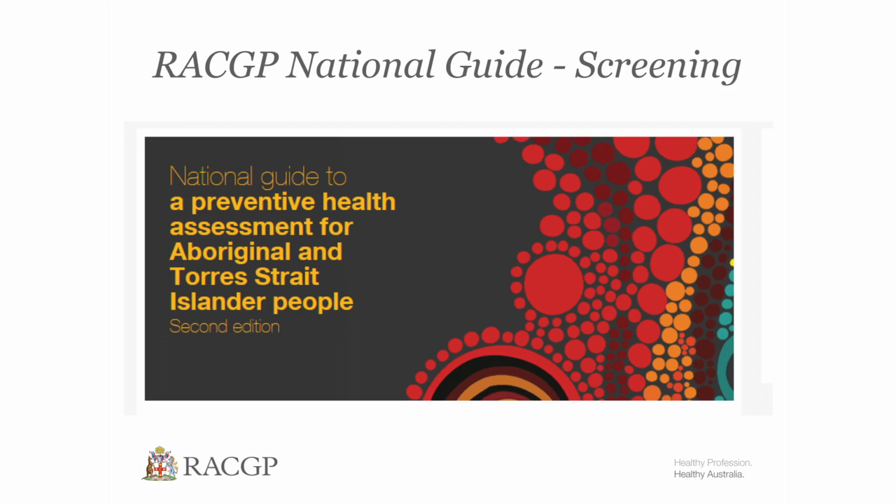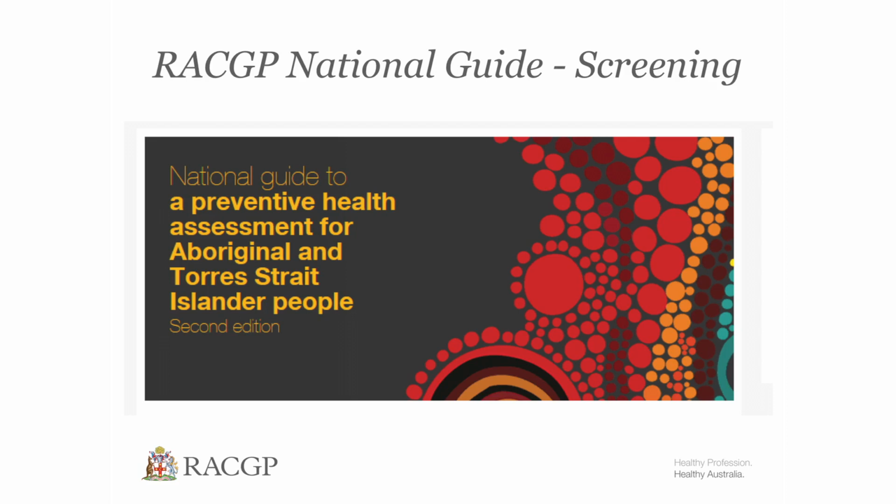So that's the cover of the previous edition. The new edition is coming. And essentially, it looks at the evidence for, or makes recommendations based on the evidence for different preventive interventions. And some of those interventions are slightly different to what you may be familiar with in the Red Book. Predominantly, some of the immunisations are different. Some of the interventions start at a younger age than they do for non-Indigenous populations.